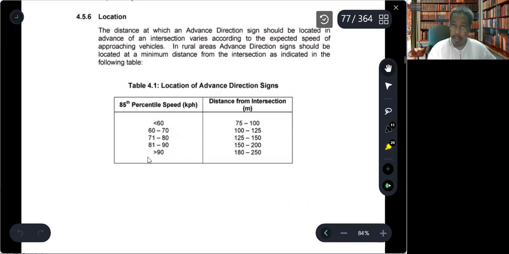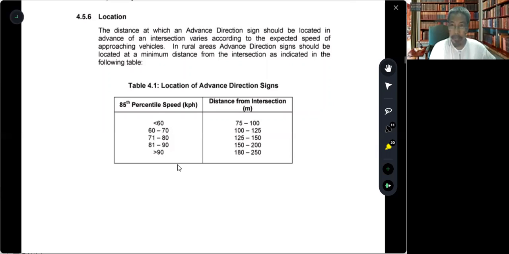By the way, we put the speed limits on the road sign at 100 percent, not the 85th percentile. We, civil engineers, compute the 85th percentile and decide on what distance from the intersection we have to put up the markings, the post, or the guide information.